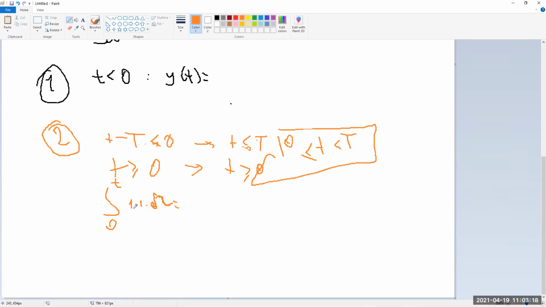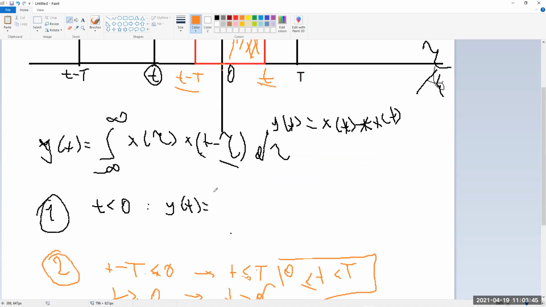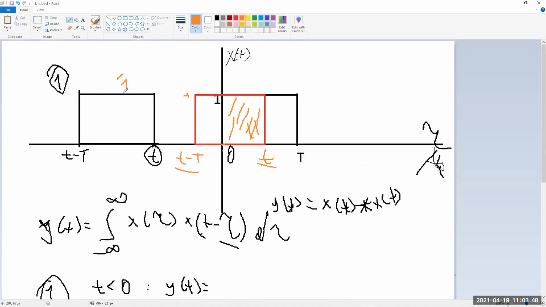The integral of 1 is tau, from 0 to t, and the solution of this integral will be t. Okay, and this is case 1, this is case 2. We can continue with another color.